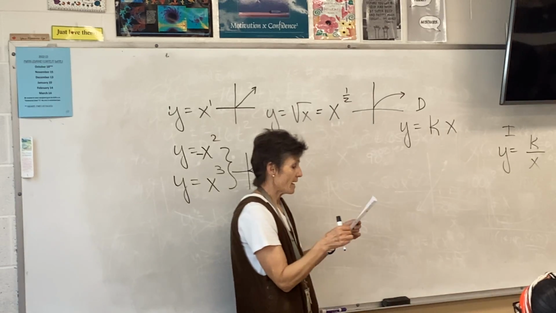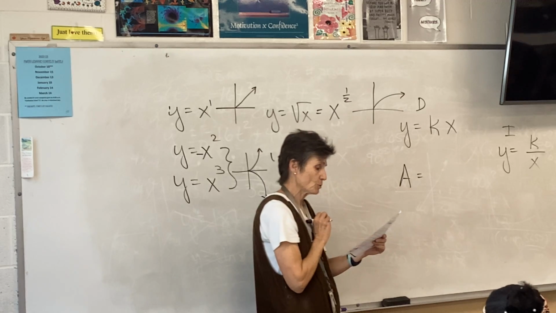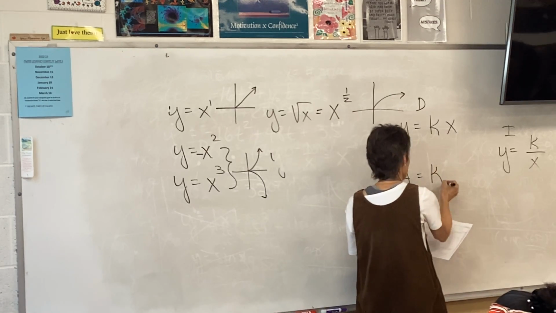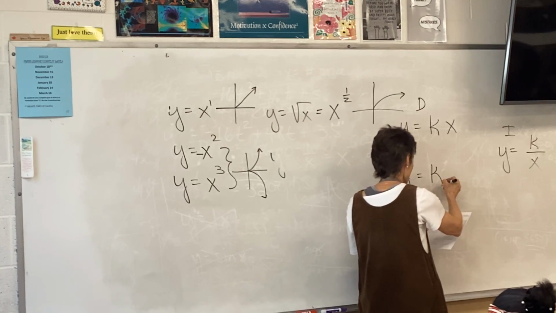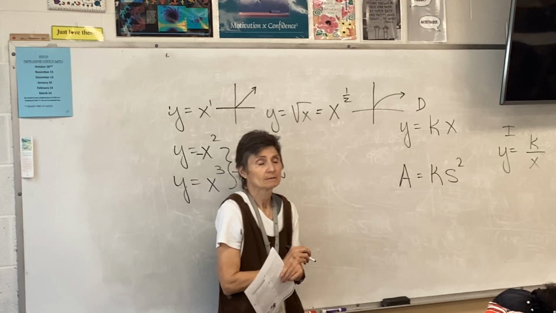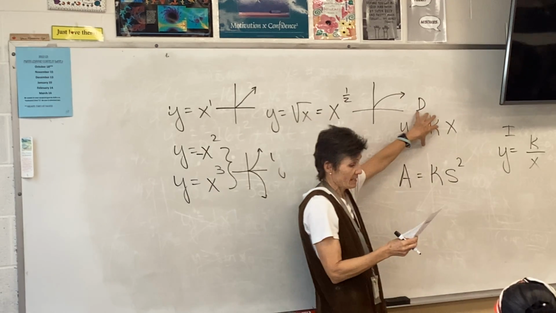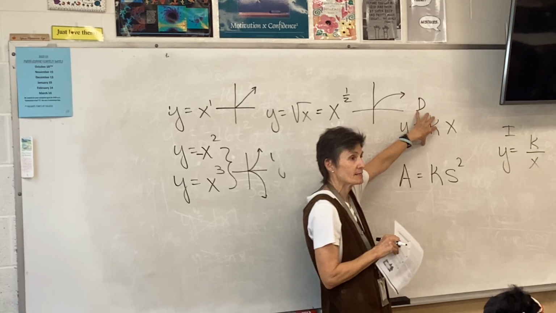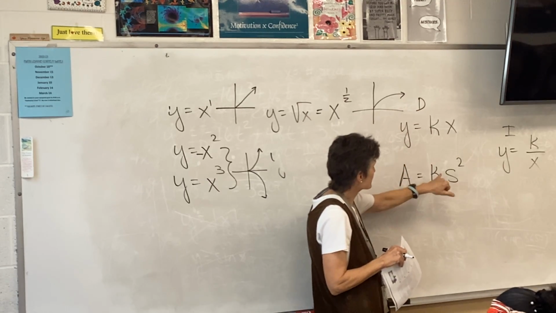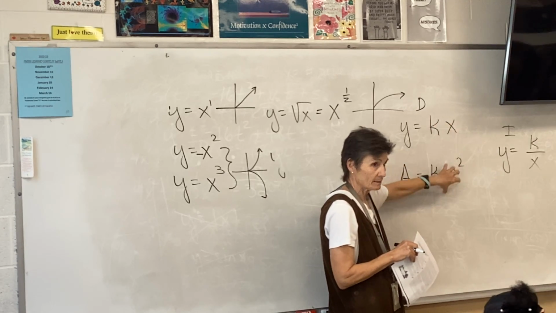So, the area of an equilateral triangle varies directly as the square of its sides. So, this is my format. It says use K for the constant of variation. So, area is K times S squared. Varies directly.